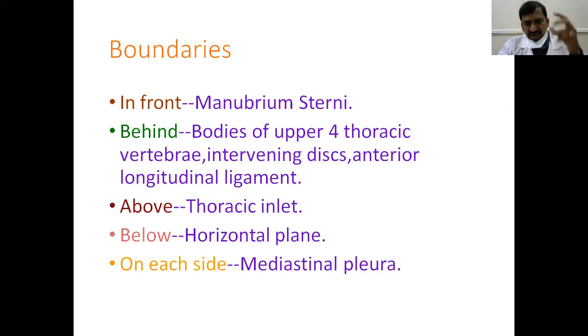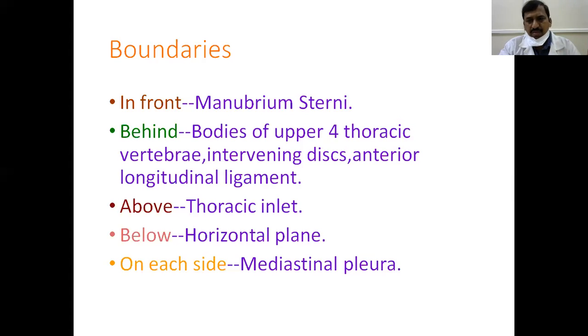Next, above by the thoracic inlet and below by the horizontal plane, the plane passing through the sternal angle and the lower part of the body of the fourth thoracic vertebra. And on each side by the mediastinal pleura.